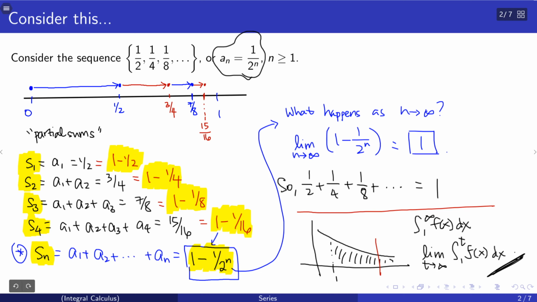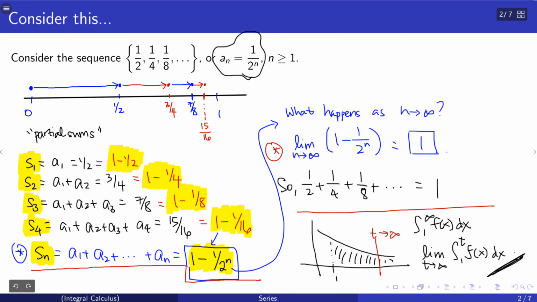So you cut it off at t, but you let t go to infinity. Well, aren't we doing something similar here? Let's cut it off at n, and then let n go to infinity. And here we're seeing that we're getting 1. And that's very interesting, right?